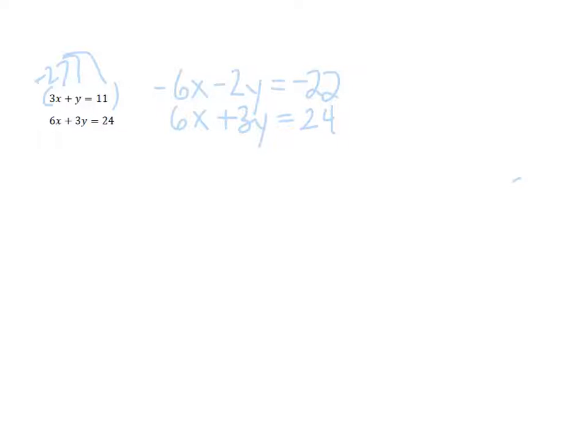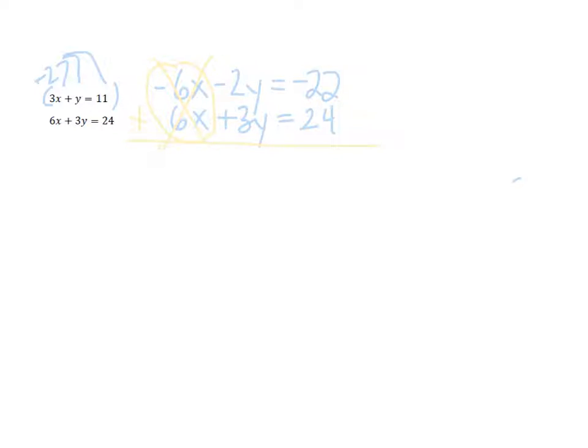So now looking at this, you should notice that I have a positive and negative 6x. So that tells me that I'm allowed to add my equations. A negative 6 plus a positive 6 gives me 0.